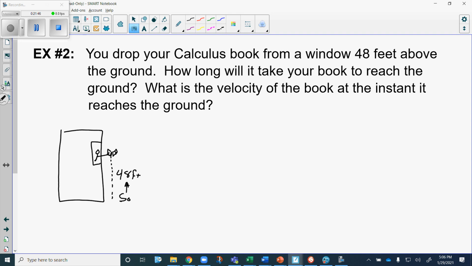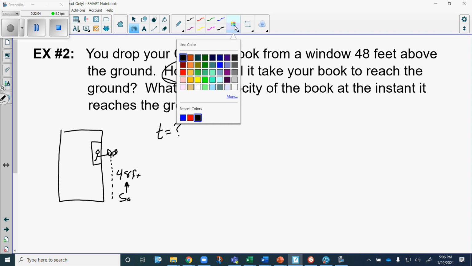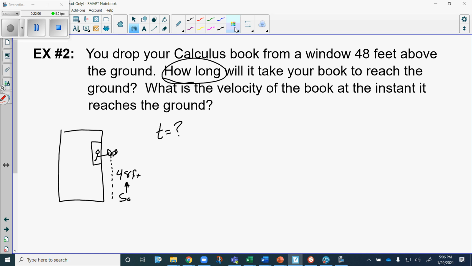How long will it take your book to reach the ground? So how long? That is time. So we have to solve something in terms of time. What is the velocity of the book the instant that it reaches the ground? Okay, so we have two things that we're looking for: how long does it take to reach the ground, and what is the velocity when it gets there.